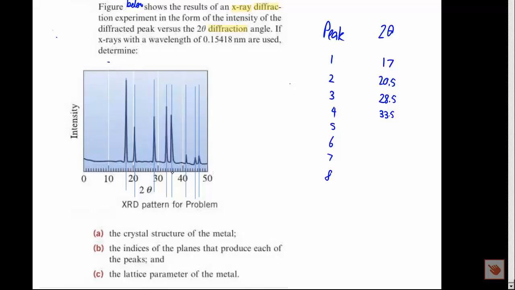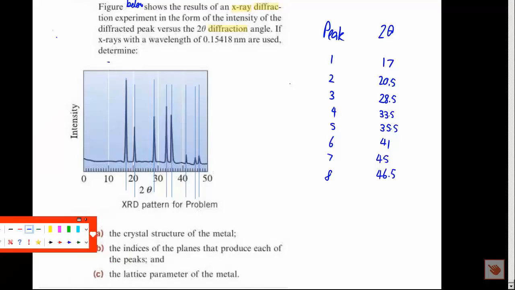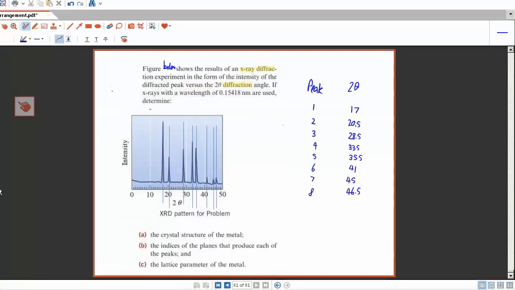The fifth is 35.5. Sixth at 41. The seventh at 45. And the eighth at 46.5. We're now going to put these numbers into a spreadsheet.